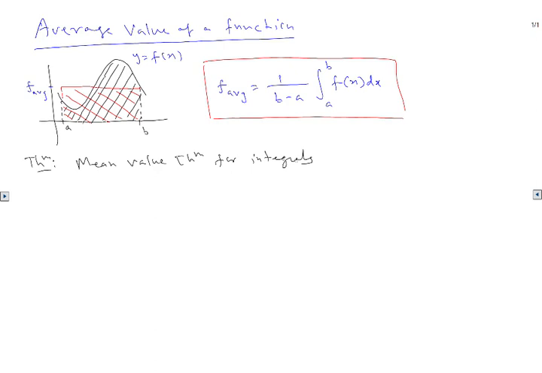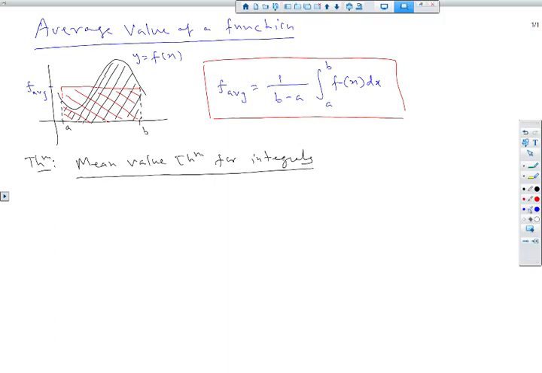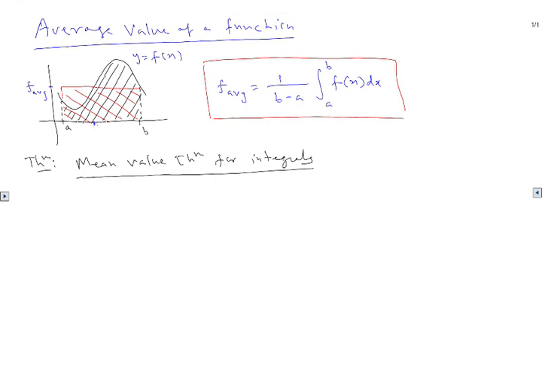What it says is that if the function is continuous, then you can find a value, for example here the value c, such that the value of the function is exactly equal to the average value. That is f(c). So there is a value at which the function value is exactly equal to the average value.